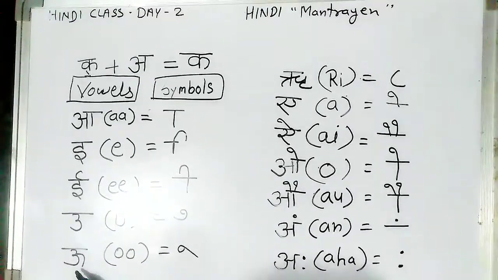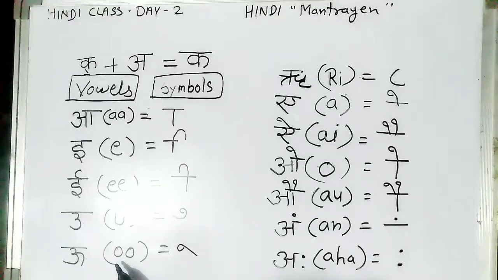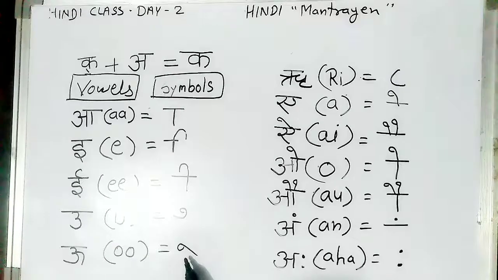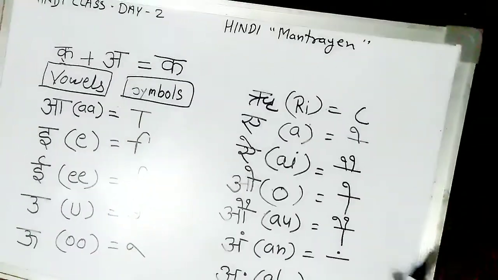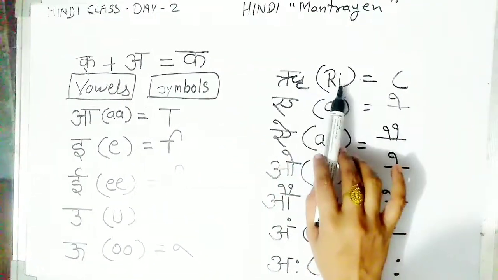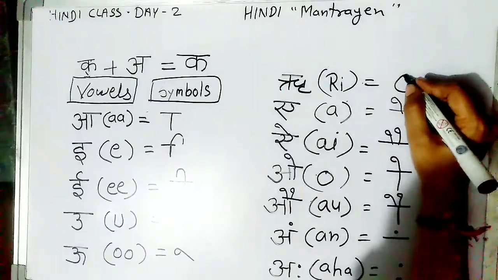This is big U, and the spelling is double O, and its symbol is like this. This is Ri, R I, Ri. This matra is like this.